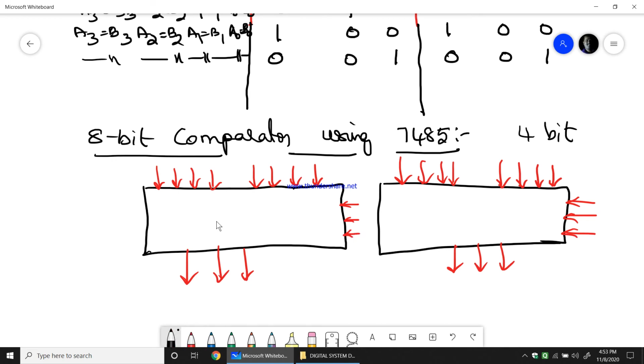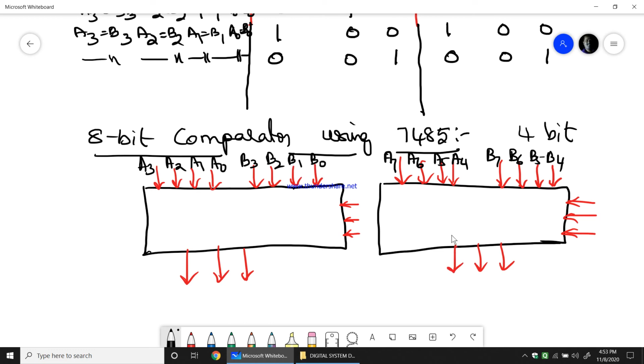Now this is the MSB. So I'll say this is A7, A6, A5, A4, B7, B6, B5, B4, and this is A3, A2, A1, A0, B3, B2, B1, B0.